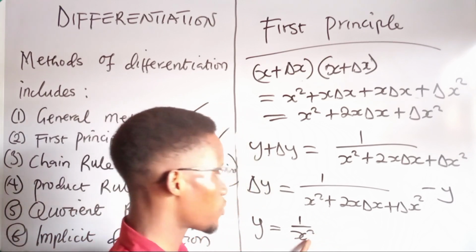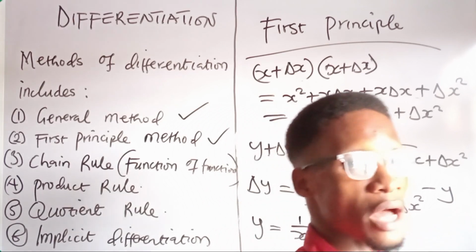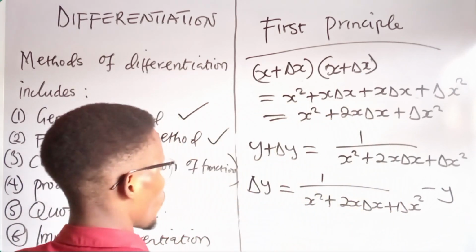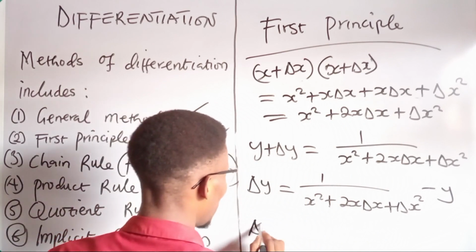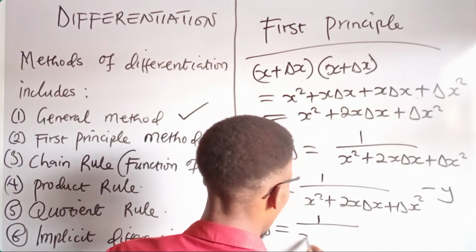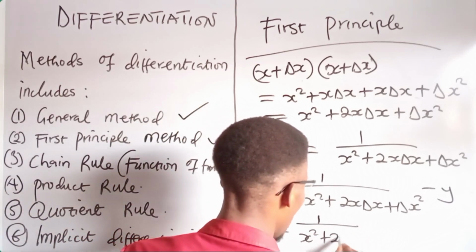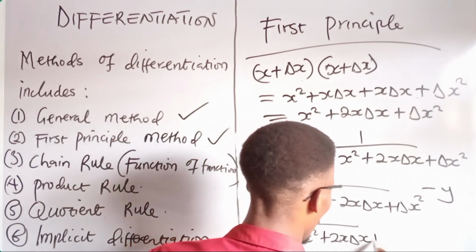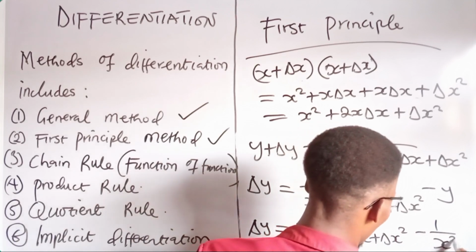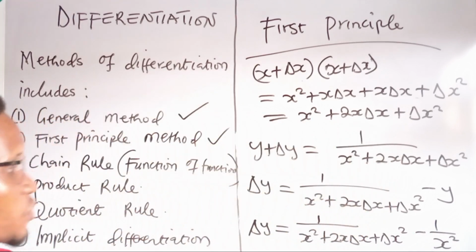So now you substitute this value in place of y and we'll have something of this kind. Change in y is equal to 1 all over s squared plus 2s change in s plus change in s squared, minus 1 all over s squared. So that's what you're going to have.